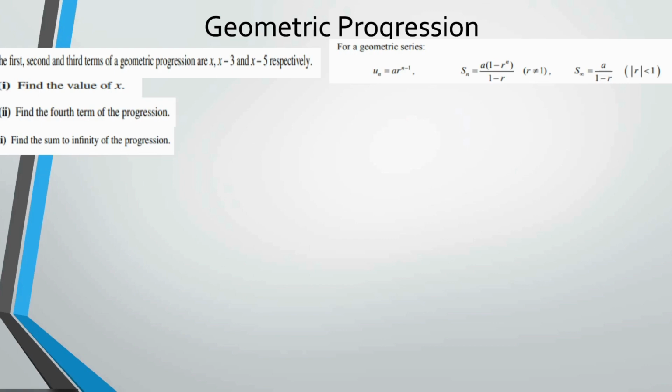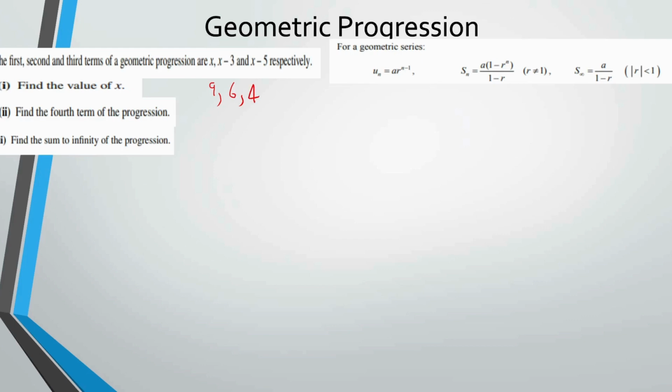Now let's move on. Find the fourth term of the progression. As we discussed earlier, we had our answer for x, so our progression is going to be 9. 9 minus 3 gives me 6, and then 9 minus 5 gives me 4. So first of all, our value for r is what we are going to find.